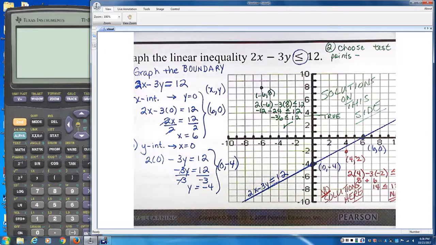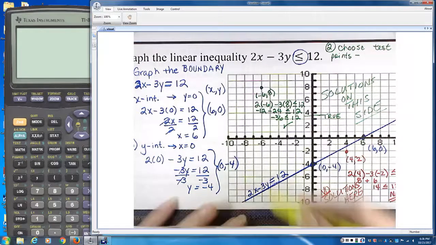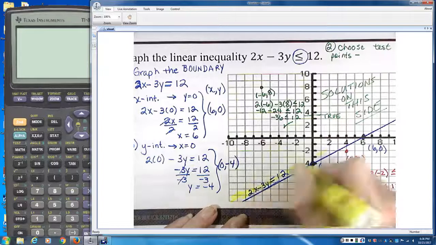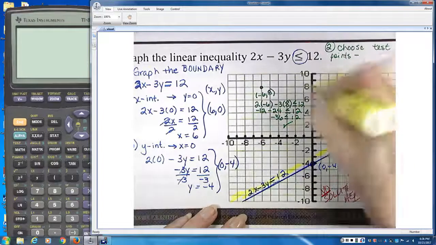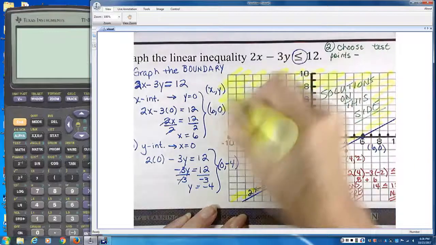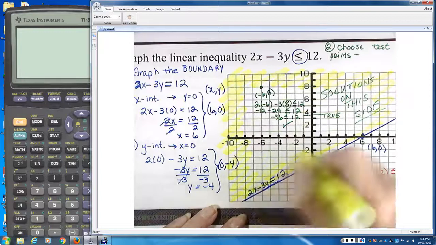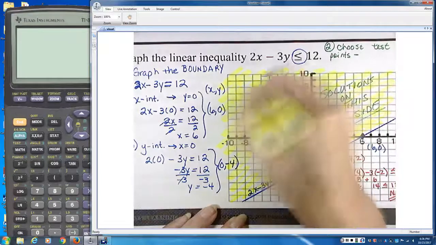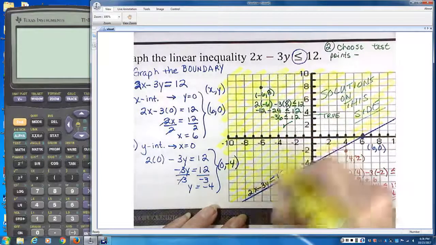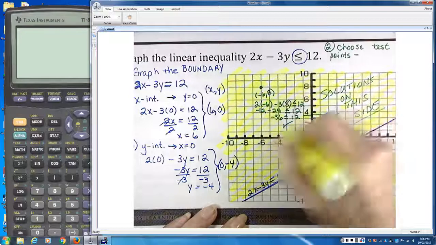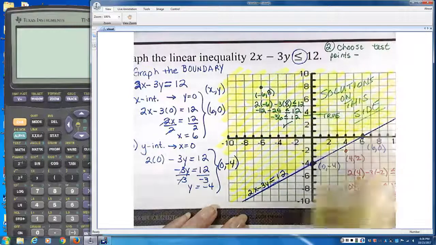And the way that we show that on the graph is you take a highlighter or a colored pencil, or you take your pencil and shade with it, and you shade the side of the line where your solutions are.